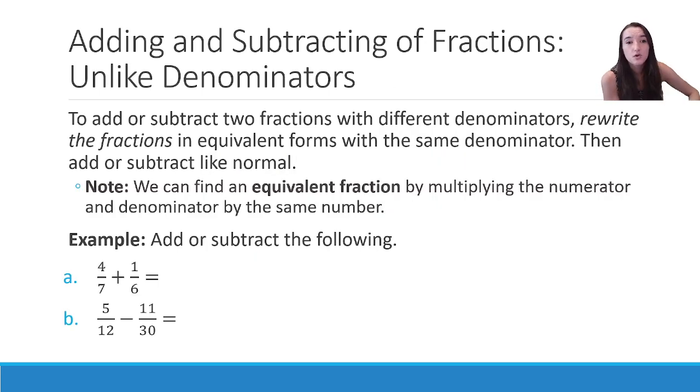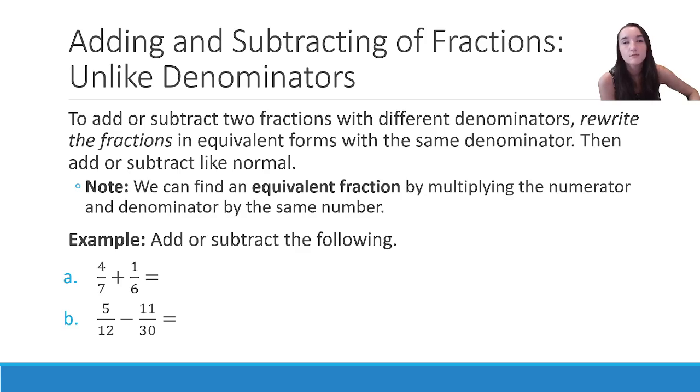Now, if you're working with unlike denominators, it gets a little bit trickier. So to add or subtract 2 fractions with different denominators, we rewrite them in equivalent forms that do have the same denominator. Now, sometimes we only have to change one of the fractions, but oftentimes we end up having to change both. So we can find an equivalent fraction simply by multiplying the numerator and denominator of that fraction by the same number.